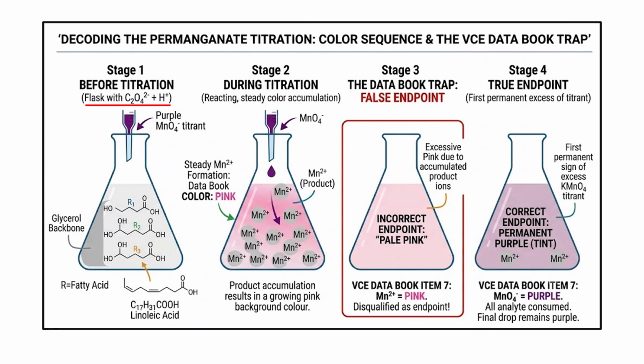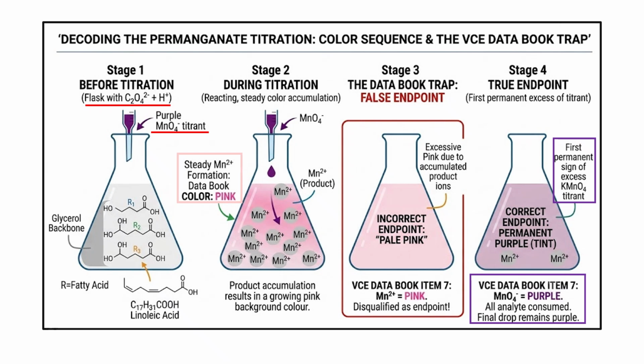Stage 2 and 3, during titration, the trap. As purple permanganate ions enter the flask, they react to produce manganese ions. Item 7 of the VCE data book explicitly states that manganese ions are pink. Because this product builds up continuously, with every drop, the background solution naturally turns pink while the reaction is still actively occurring.